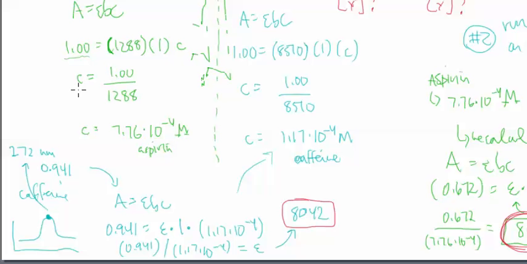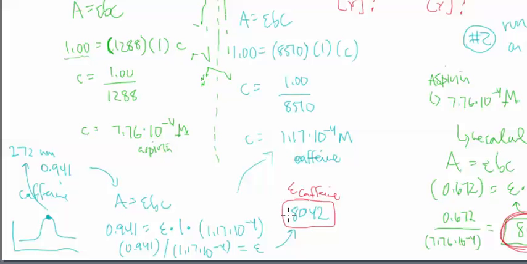It's that instrument that I'm using, those solvents that I'm using. So I need to keep this consistency throughout the entire lab procedure. So this is the molar absorptivity for caffeine, not the 8510 that I found in the book. We're going to be using 8042. So this is calculating the molar absorptivity for each one of these.